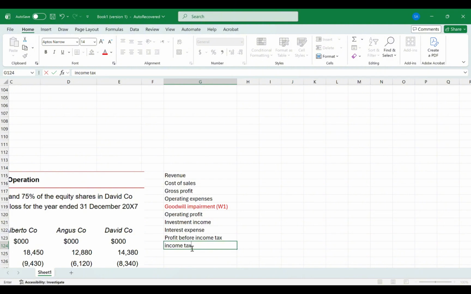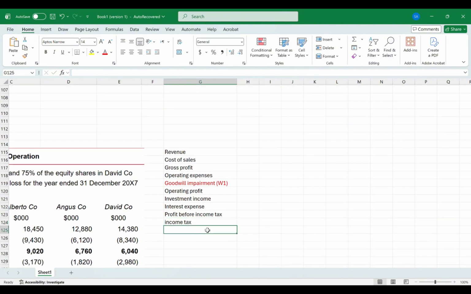Then we have profit from continuing operation. This is what you have to write. This is how you separate when you have a subsidiary that you have disposed entirely. You have to write this word continuing operations.